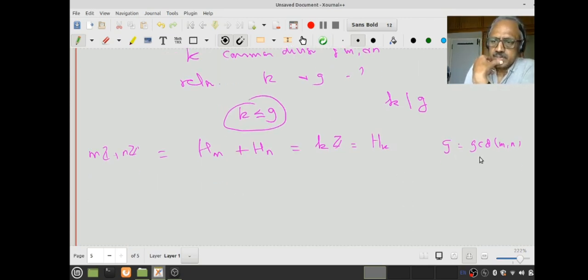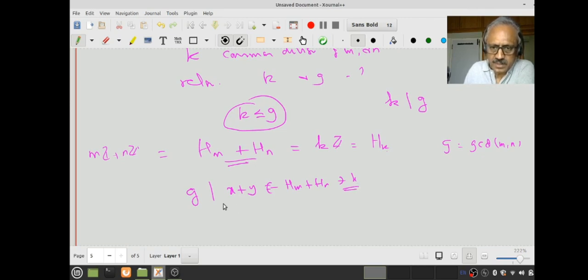G is the greatest common divisor. Therefore, G divides any element x plus y in H. Remember, k is an element here because we are assuming H equals kz, Hk. Therefore k must be an element of this. So in particular, G must divide k.